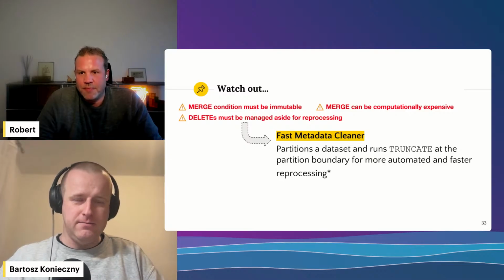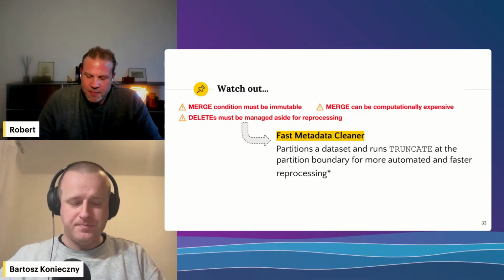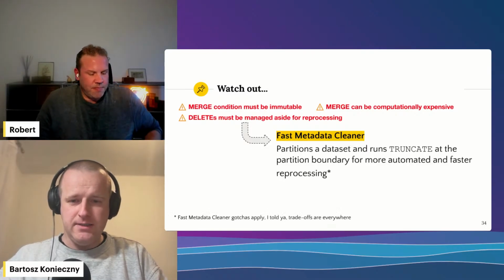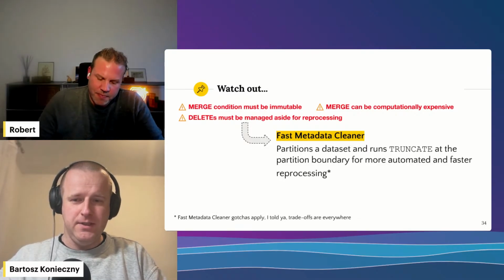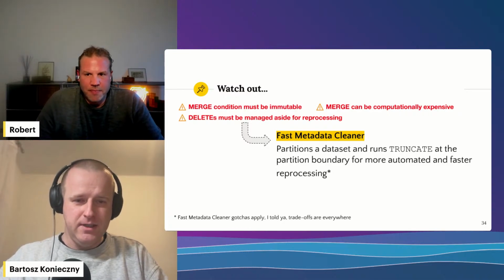So there is no heavy computation, heavy joins or shuffle involved at all. But of course, like any pattern in the book and also in this session, it has some trade-offs. So you will need to choose which ones you are ready to accept.